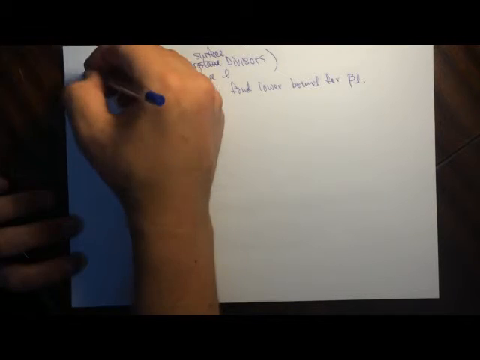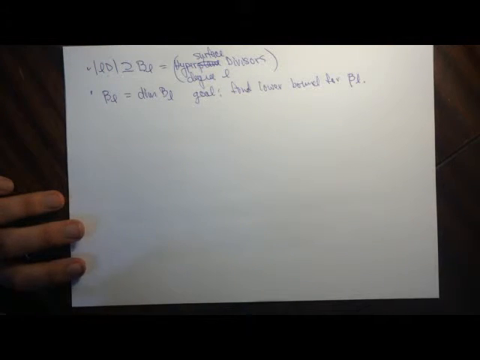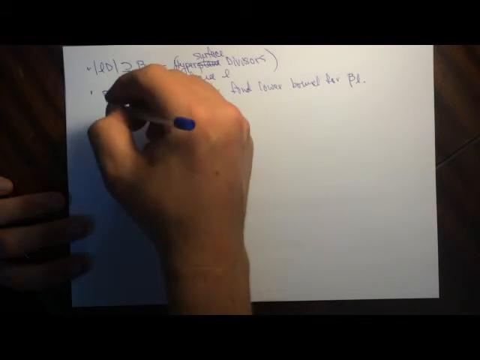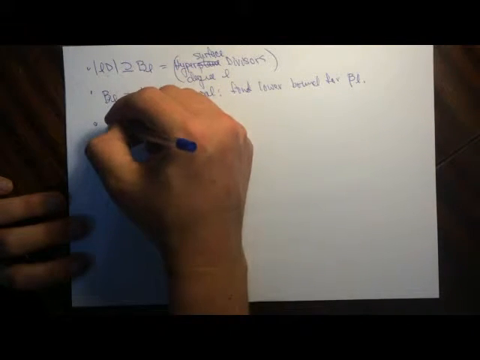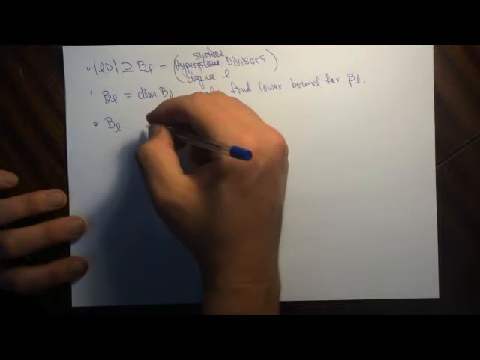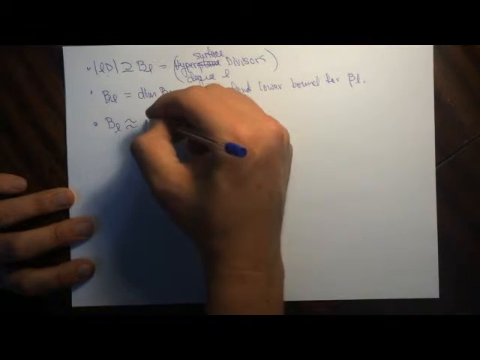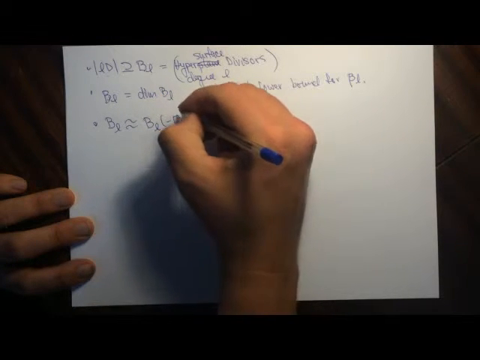Okay, I'm going to introduce another auxiliary thing. So B of L minus 1 is going to be related to the following: B of L minus gamma.